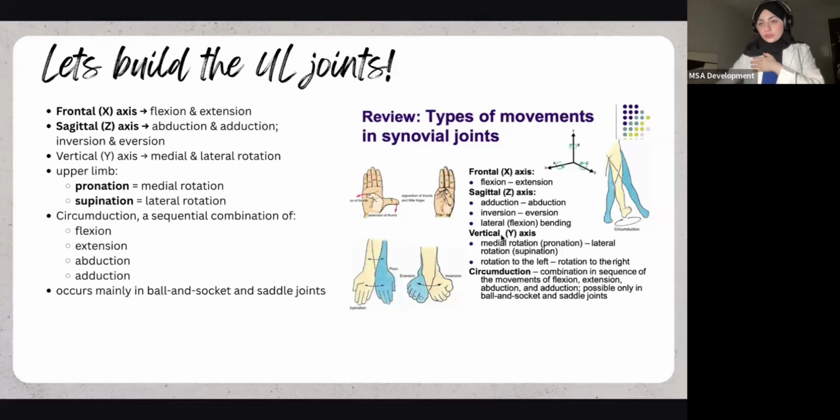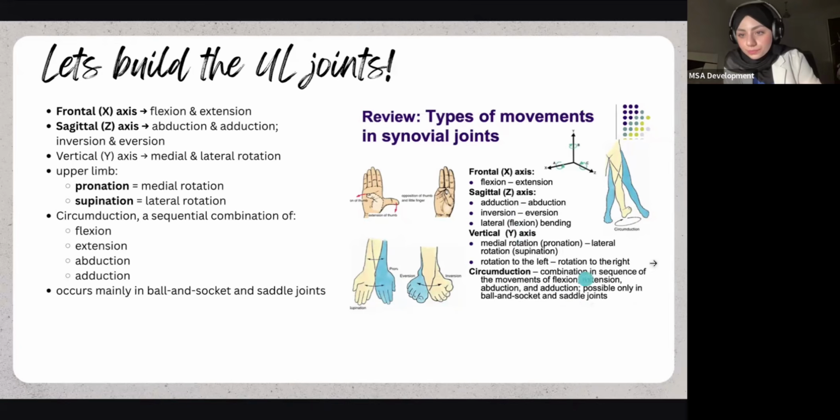So when I say medial rotation, imagine that I want the ball to be coming towards me. So this is going to be internal rotation. Here, I want the ball now to move away from me. So it's going to be external rotation, right? Inversion, eversion, internal rotation, external rotation across the joints.